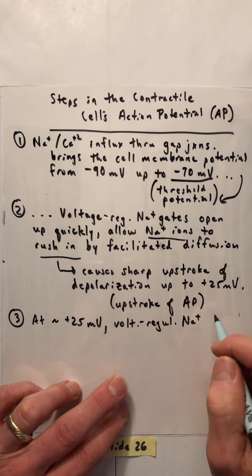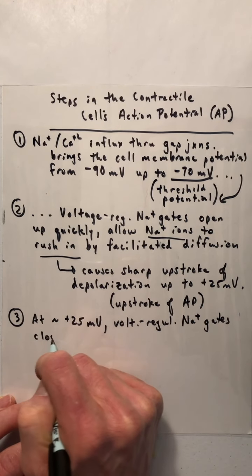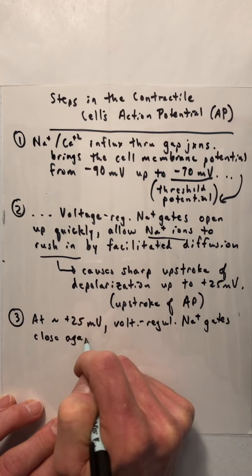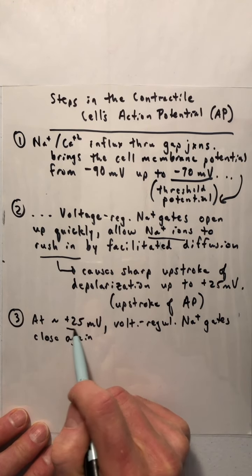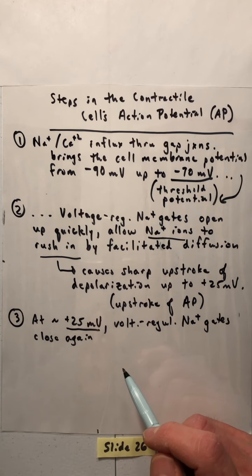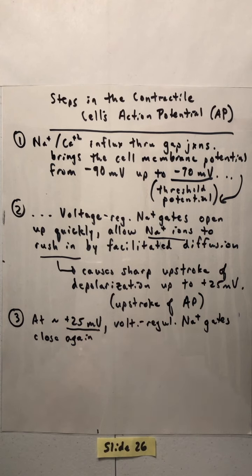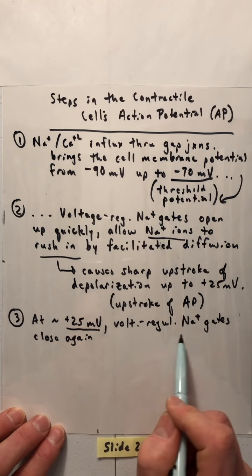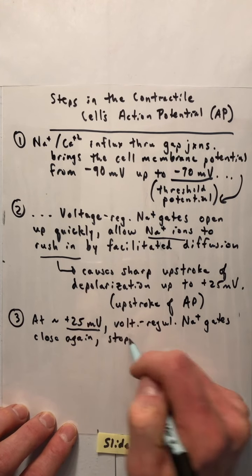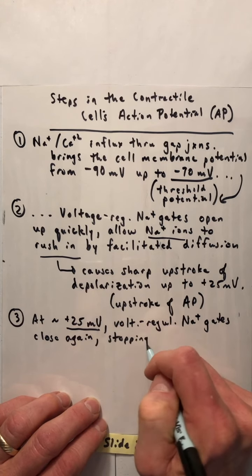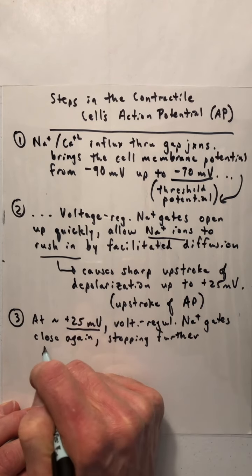So they don't stay open for very long. This is why we only go up to about plus 25 rather than going all the way up to plus 70, the equilibrium potential for sodium ions. Those voltage-regulated sodium gates close again, stopping further depolarization of the cell membrane potential.